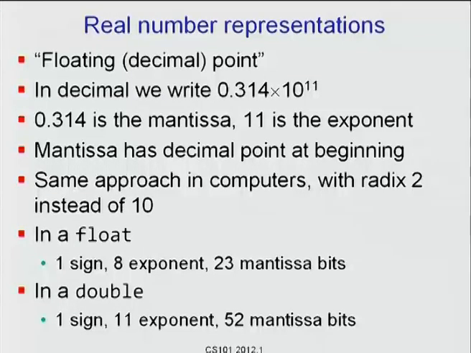Okay? So in decimal, we write real numbers in scientific notation as a mantissa and some exponent. Right? So we can write 0.314 times 10 to the power 11. And there are some conventions about how to range the mantissa. For example, there's no point writing 314597 times 10 to the power 5.